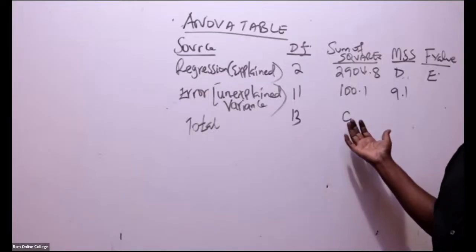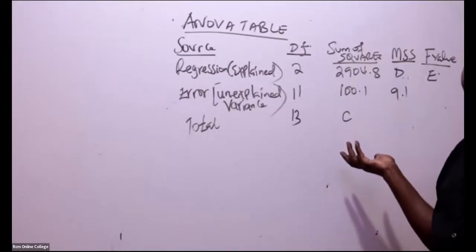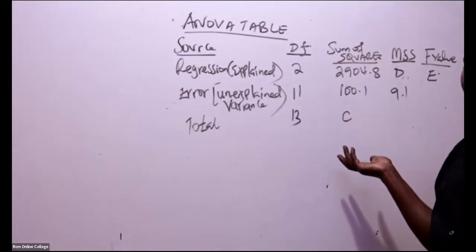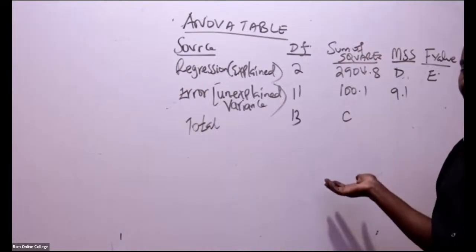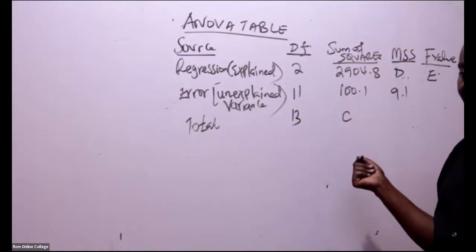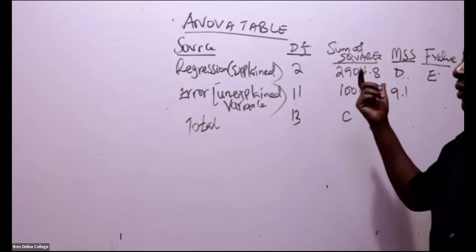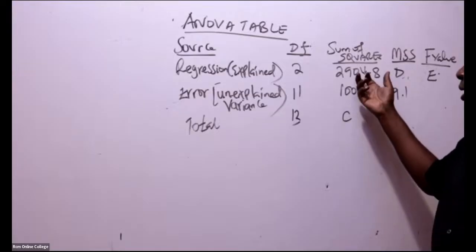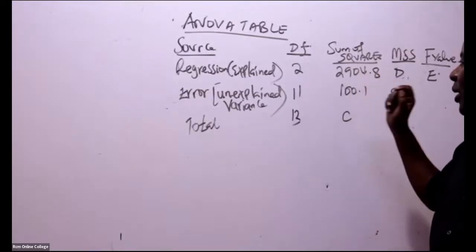Can somebody tell me, what do you think we shall do to be able to get C? What do you think we shall do to get C? Yeah, we add. You can see 2 plus 11, they go 13. So even here we shall add. So 2904.8 plus 100.1.